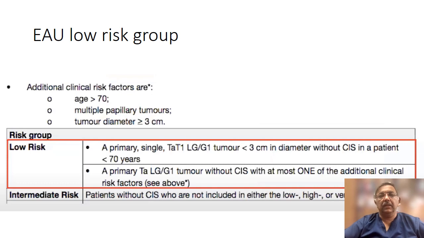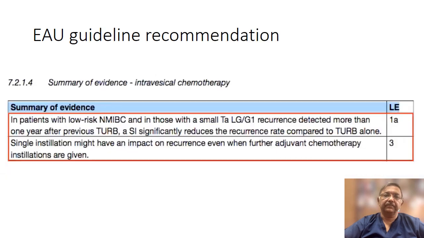So again, summarizing, low-risk patients are the ones who have got a primary single TA low-grade cancer, which is less than 3 centimeters without CIS, in a patient younger than 70 years of age.